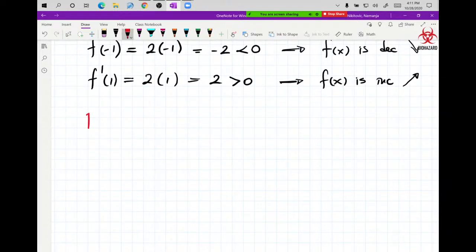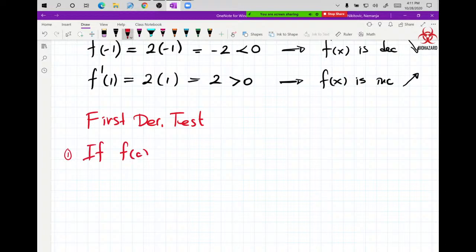So let's write down the first derivative test. Here we go. If f prime computed at the test point C is less than 0, then f of x is decreasing around x equals C. So your x equals C, C is the test point.